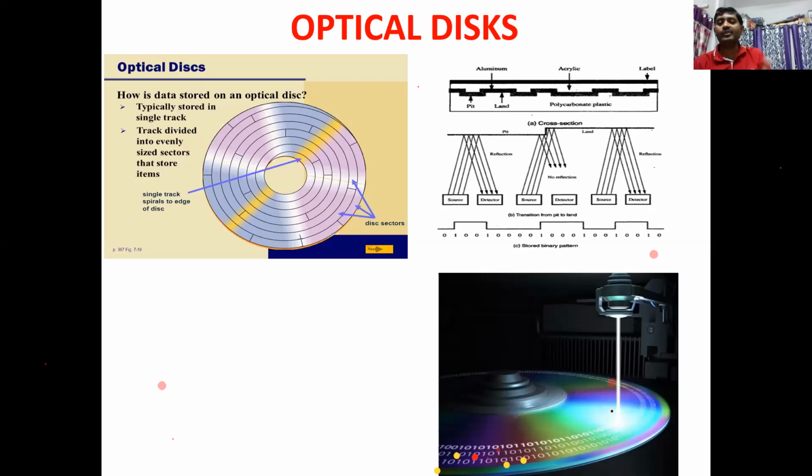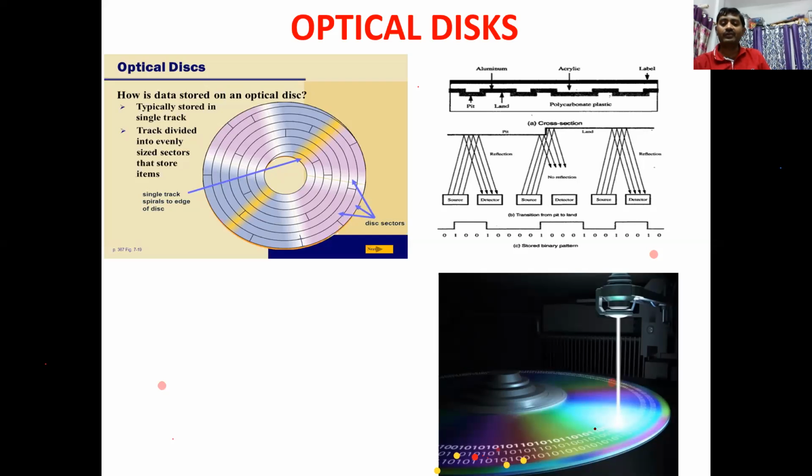If you open your CD drive you can find that there is an LED placed there, and data will be written onto the CD, or read from that CD or DVD into the system.